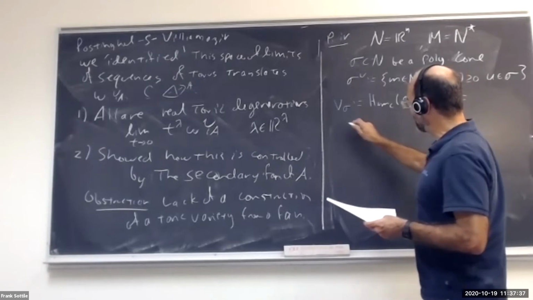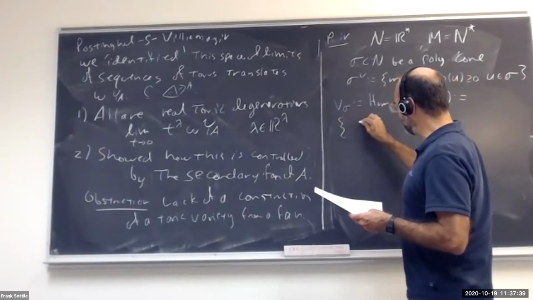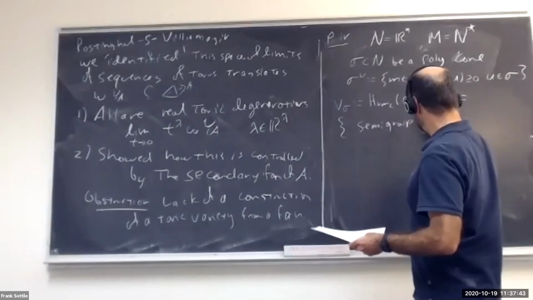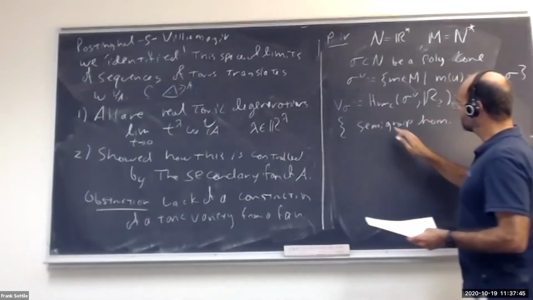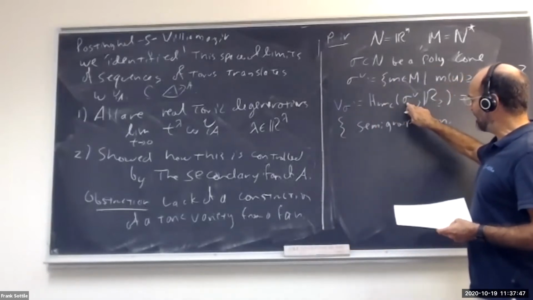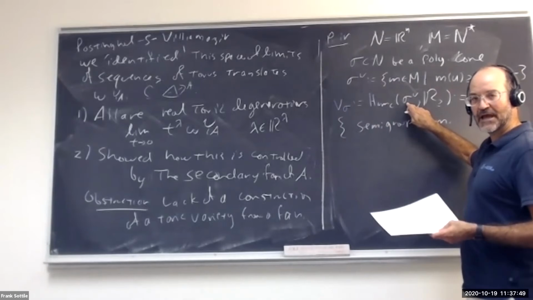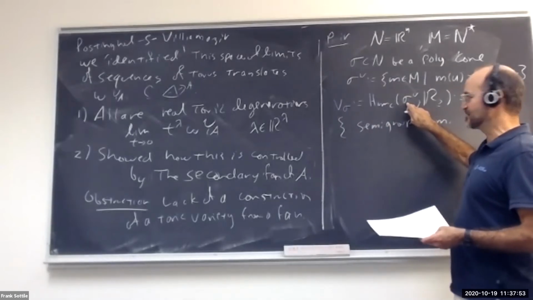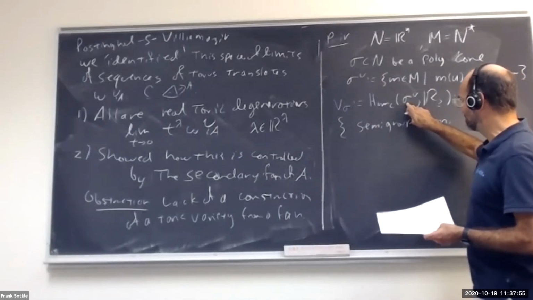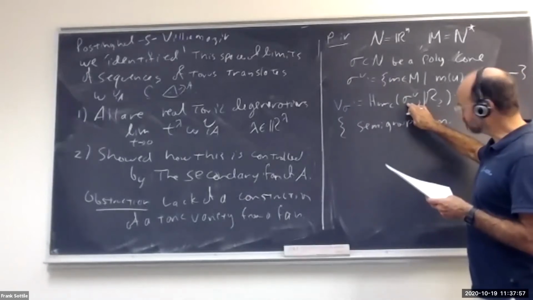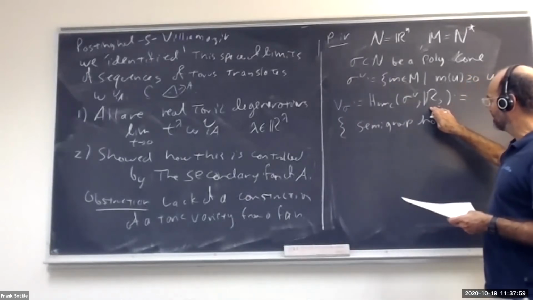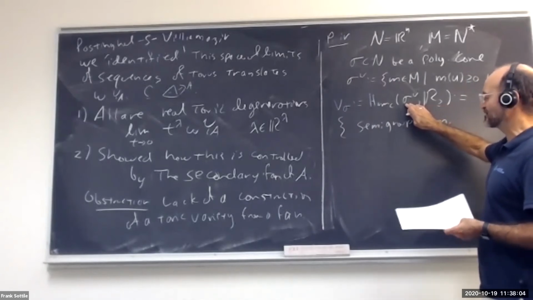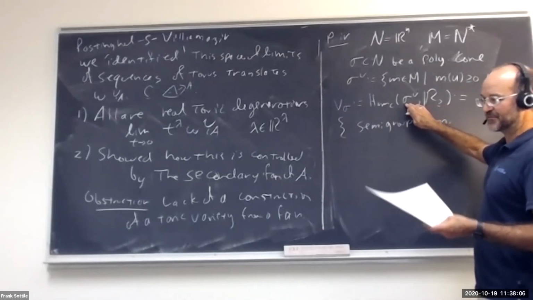And what is this? This is the set of all semigroup homomorphisms. So this is an additive semigroup, meaning you can add any two elements together. It has an identity element, namely 0.